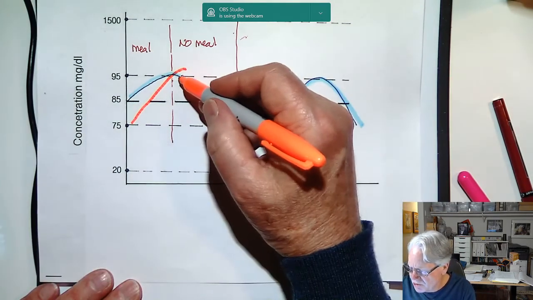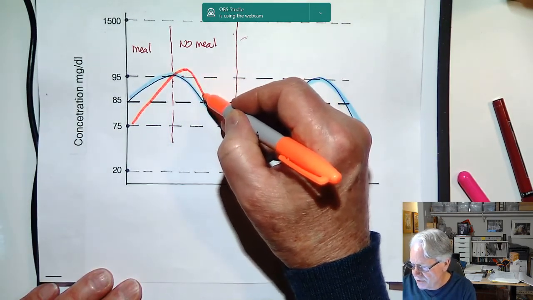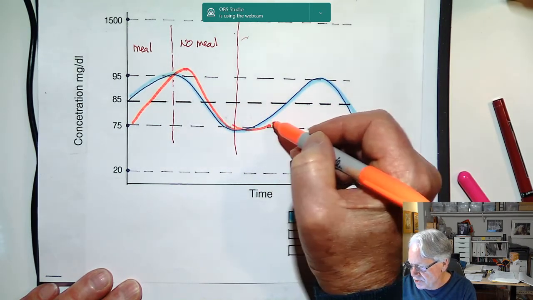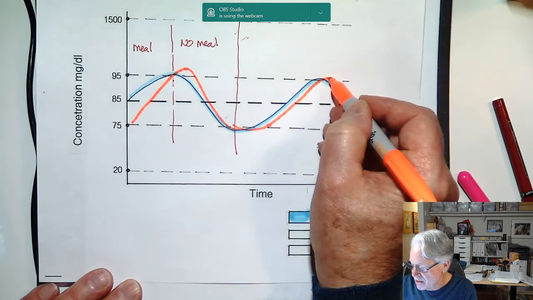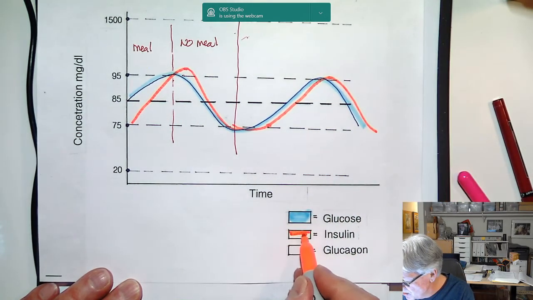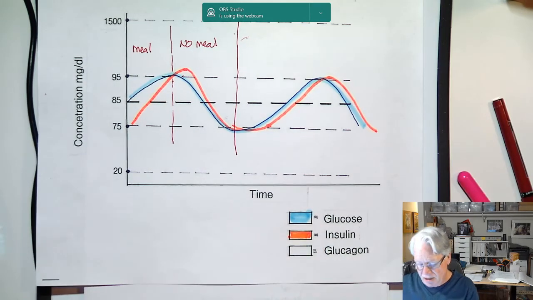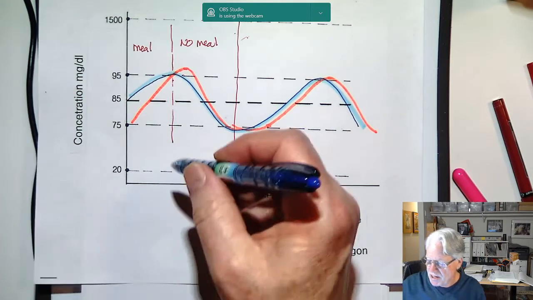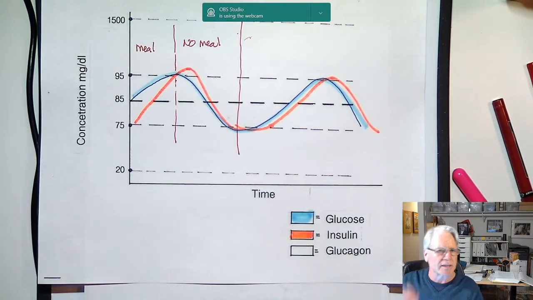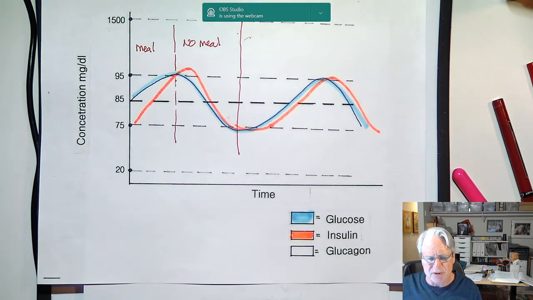And as glucose levels fall off, you're going to see a decrease. Then as you go along, it's going to increase again, and then fall off. So that is my response to increased concentrations of glucose in the body. As you can see, the response of your body to an increase in glucose is an increase in insulin. And insulin has different effects on different cells.